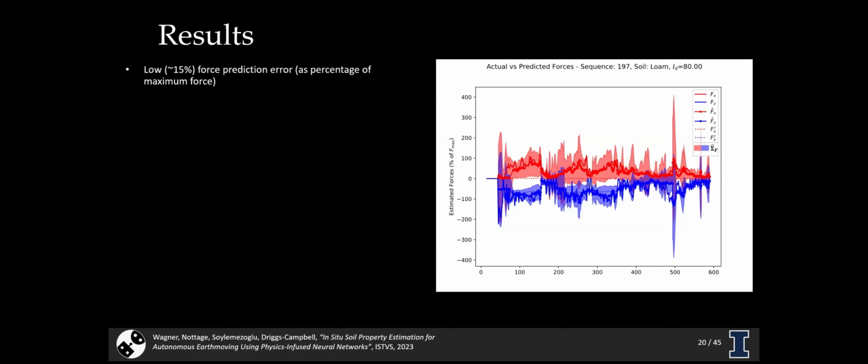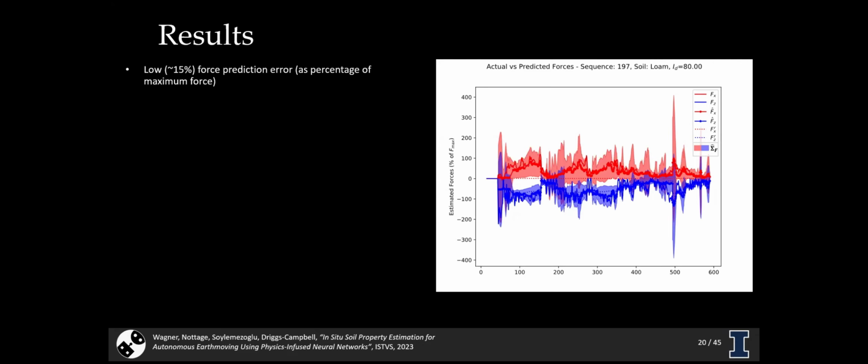Just looking at this qualitatively, to put a number on it, the force prediction error, depending on the model that's used, is somewhere on the order of 10 to 15% of the maximum force that the vehicle can exert. This is slightly better than other approaches in the literature. But what I want to highlight here is that the system is doing a fairly good job of making these force predictions.